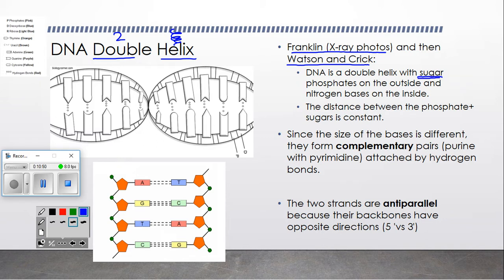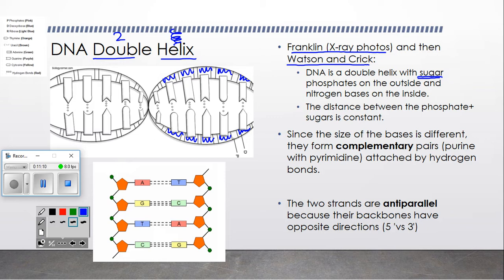So if you look at these two pictures, on the picture on the top, I have what looks like stripy lines on the outside. Every second piece is the sugar piece.